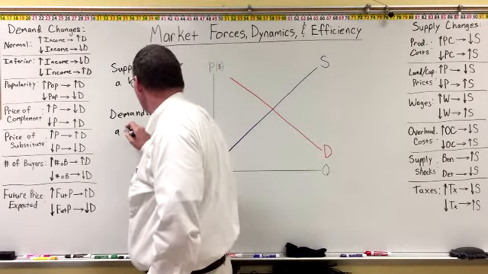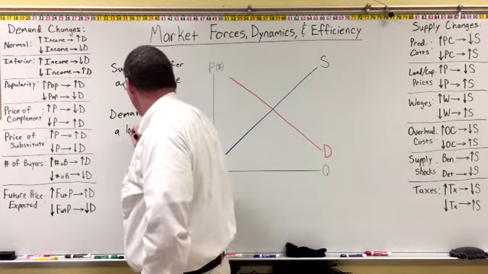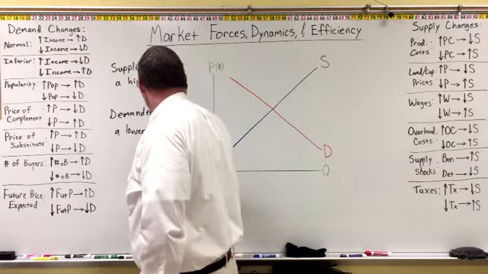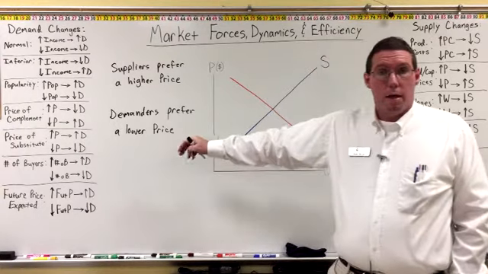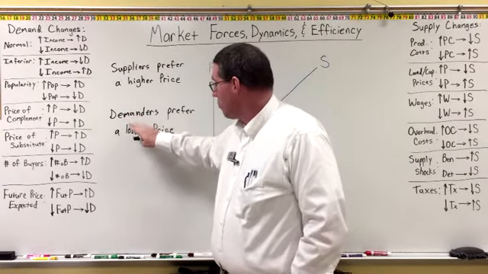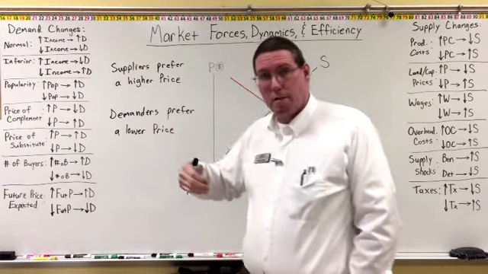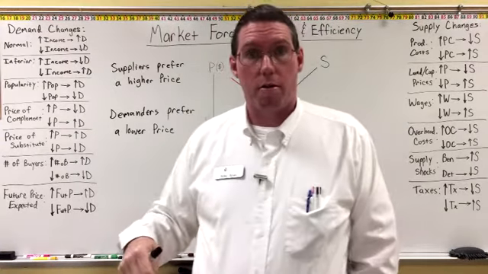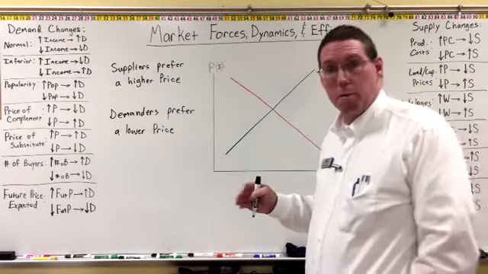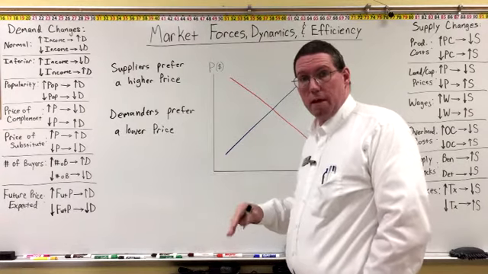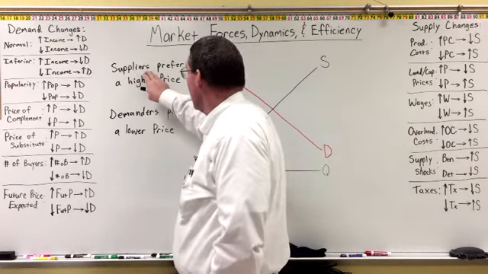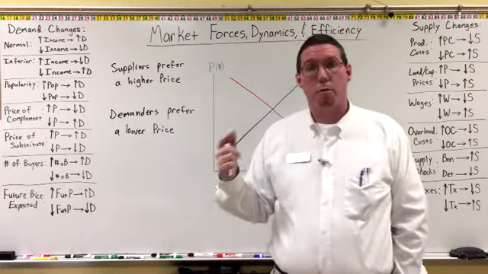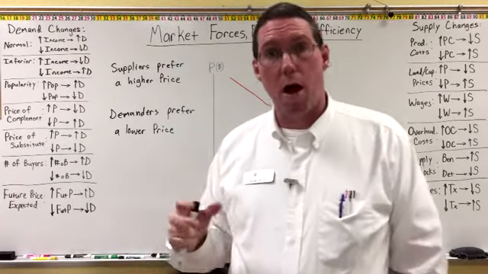This is related to the idea of opportunity cost, because the price of buying a product, the money that the demanders are giving up to get that stuff, is their opportunity cost. Therefore they want the opportunity cost to be lower if they can. The suppliers are giving up a product, so their opportunity cost is the product that they created.